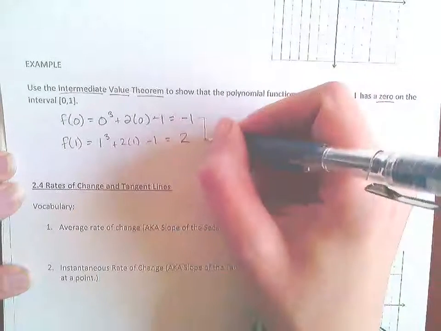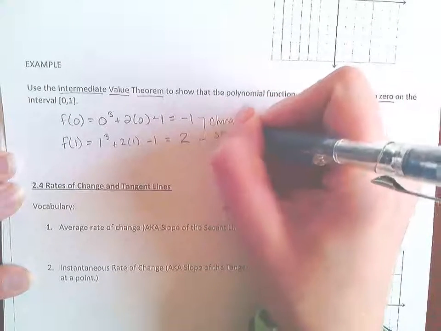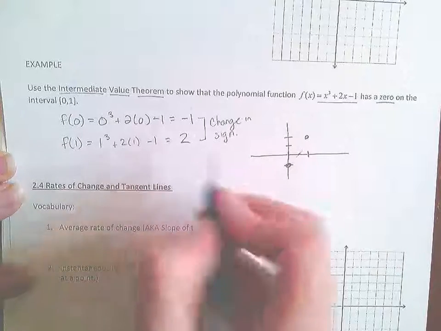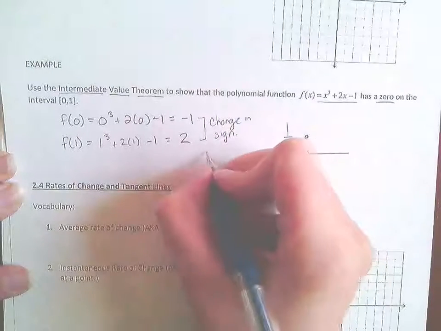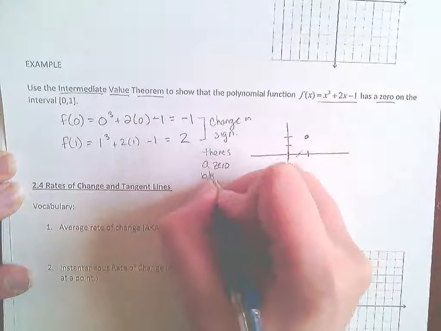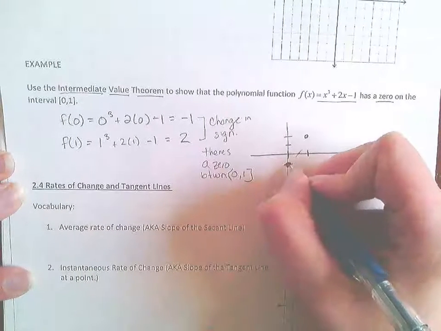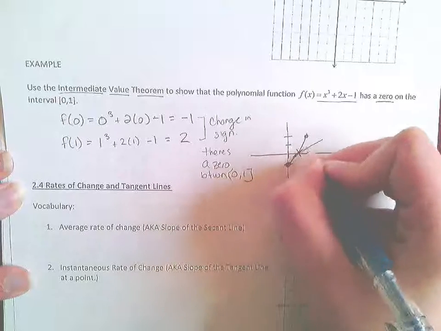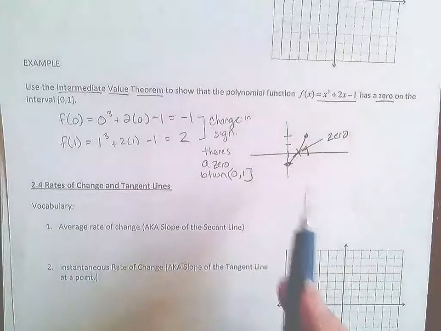So if you remember, because there was a change in sign, from negative to positive, or it could have been the other way around, positive to negative, even without looking at the graph, I know there's a 0 between 0 and 1. And it shows right here, if I went from 0 to 1, I'd have to pass through that 0 to get through. So that's how it was in pre-calc.